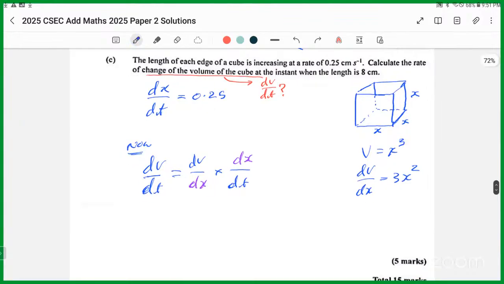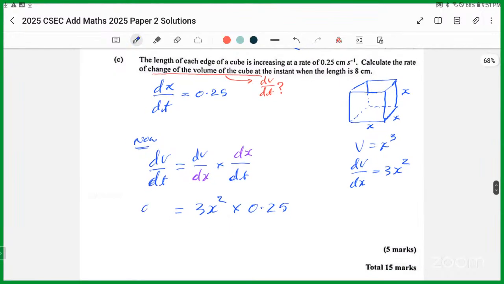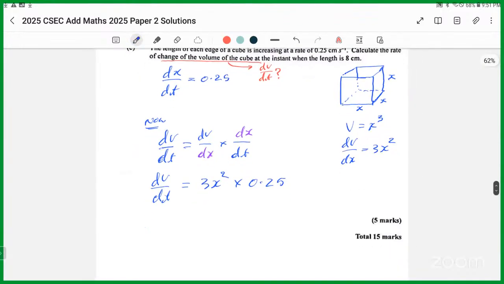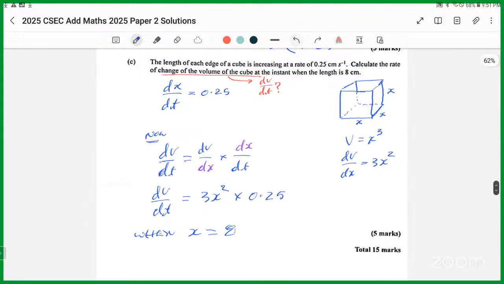So this becomes equal to 3x squared times 0.25, and that's dV by dt. And then now when x is 8, it's important, x is 8.